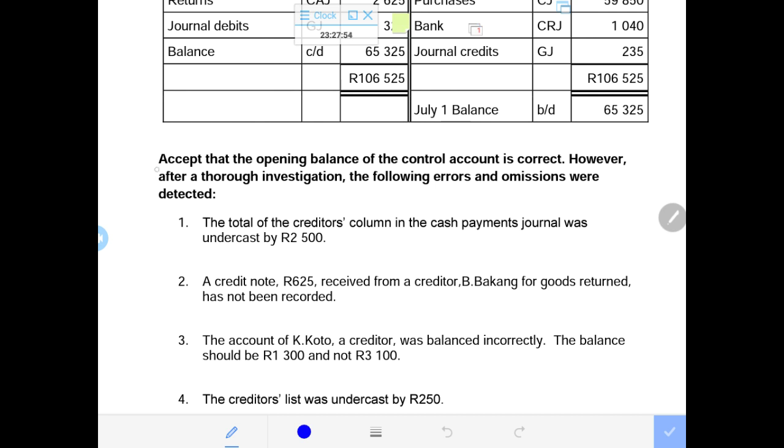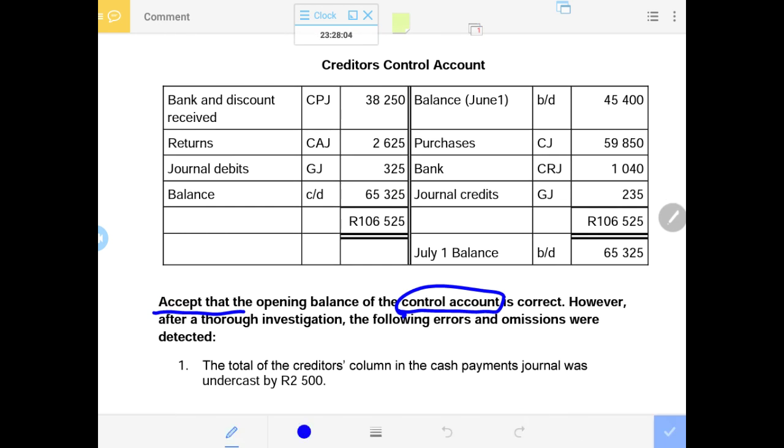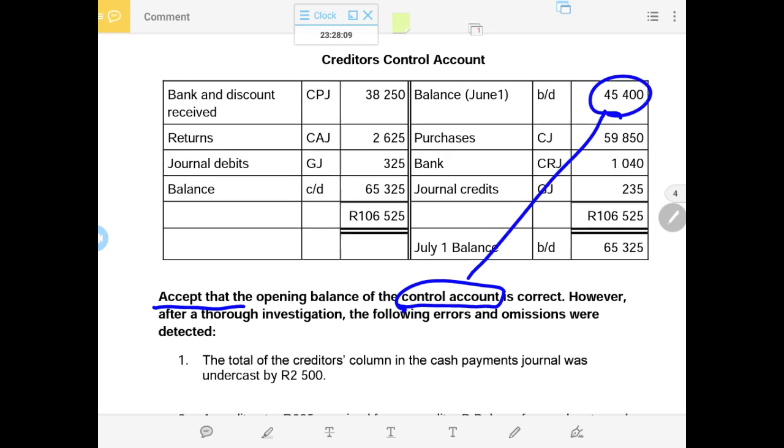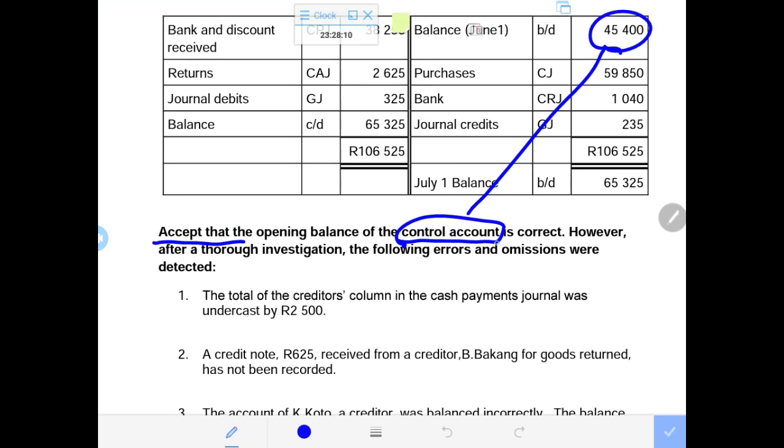It says first, we must accept that the opening balance of the creditors control, remember, the opening balance of the creditors control is the 45,400, we must assume that it is correct.